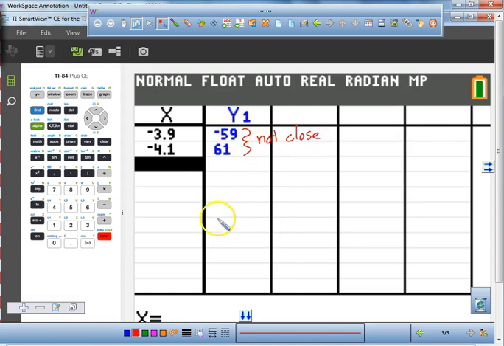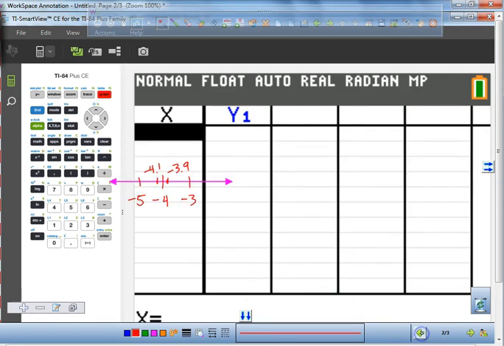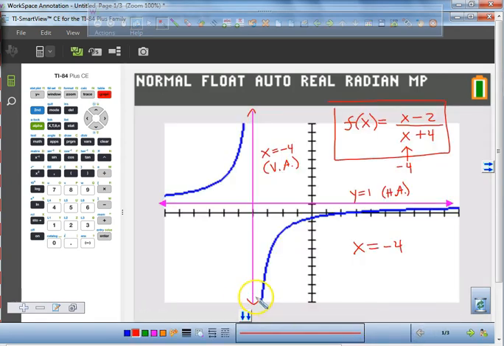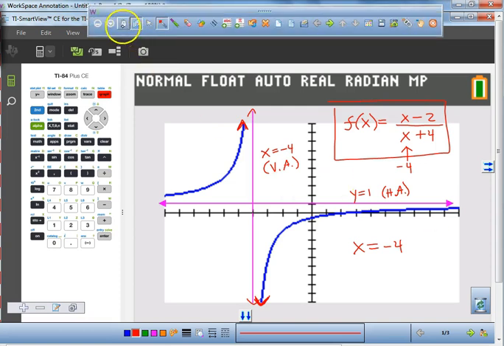One of them is going in a negative direction, and one is going in a positive direction, which makes sense if you look at the graph. Negative 3.9 is going down. Negative 4.1 is going up. That's where the infinite discontinuity is happening. They're going in complete opposite directions.